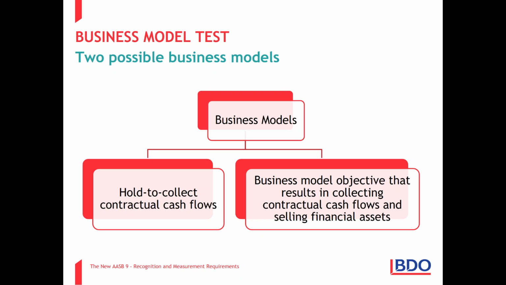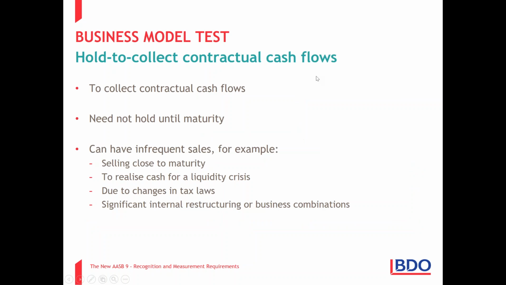Also remember, if you want to get to fair value through OCI for debt instruments, you want to pass the SPPI test, and you want to say that your business model is to collect contractual cash flows and potentially to sell the financial asset. So the two business models available are hold to collect contractual cash flows, or a combination of hold to collect contractual cash flows and selling of the financial asset.